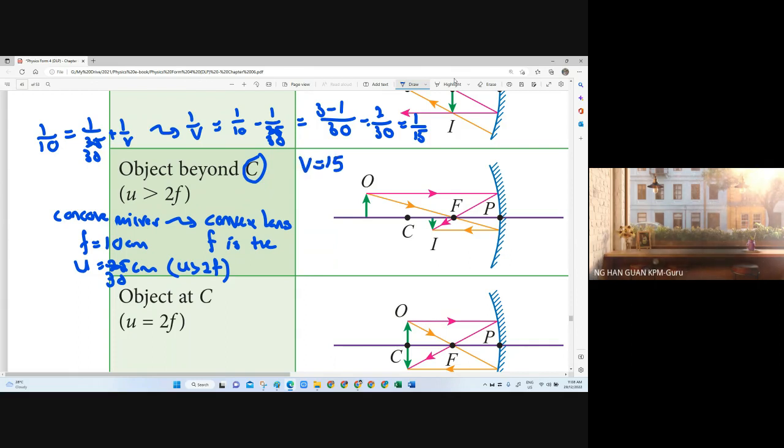V equal to 15. So in this case, V is positive, and positive means it's real. Real must be inverted.